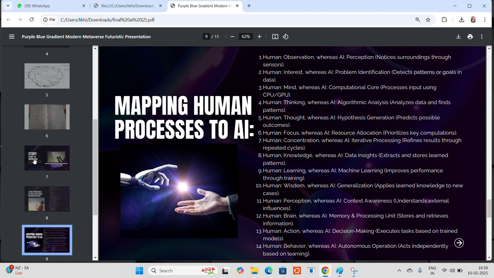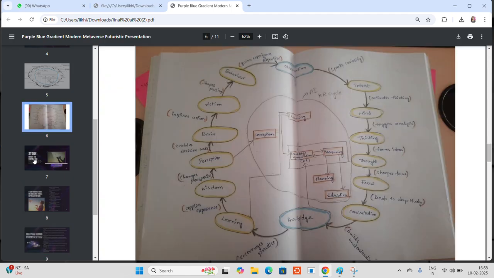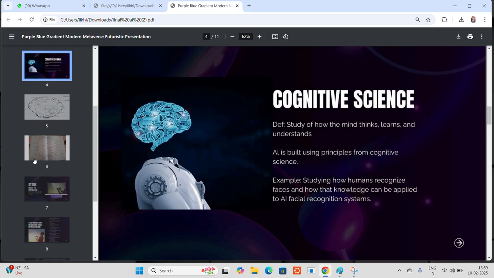Next, all this is completed. Coming to mapping human process to AI. I think you heard this word somewhere. It is from cognitive science. Before, I told you about cognitive science; wait, I'll show you. See, I told here, AI is built using principles from cognitive science.